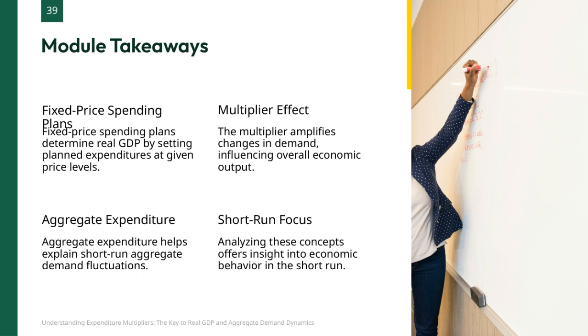Moving on, aggregate expenditure helps us understand fluctuations in short-run aggregate demand, giving us a clearer picture of economic activity. Finally, focusing on the short run allows us to analyze these concepts and gain valuable insights into economic behavior during that period. Together, these ideas form the foundation for understanding how the economy operates in the short run.